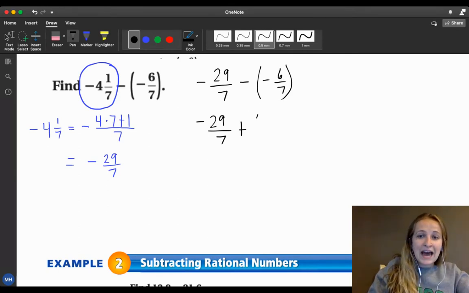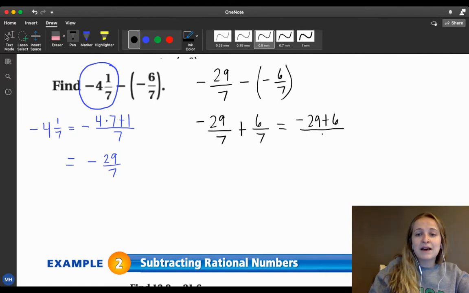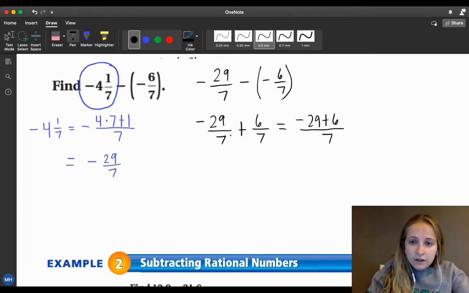So we're going to add a positive 6/7. All right, so now we want to make sure that if the number is negative, we bring that negative up to the numerator. So we are going to have negative 29 plus 6, then our denominator is going to be 7.